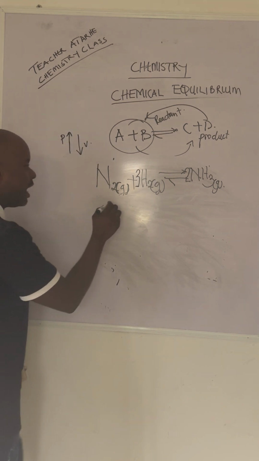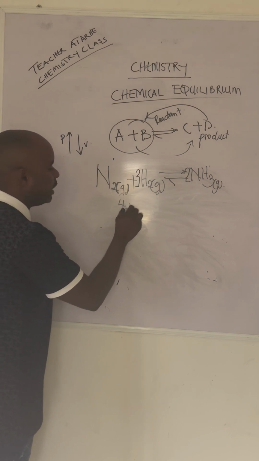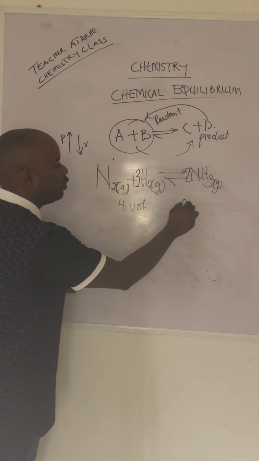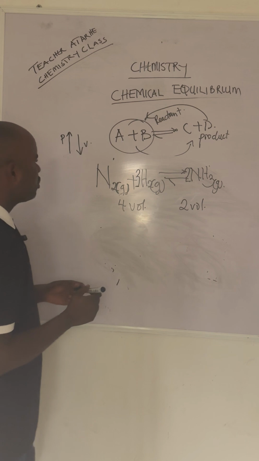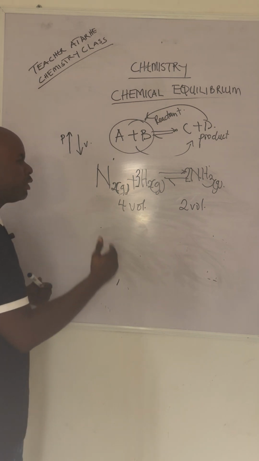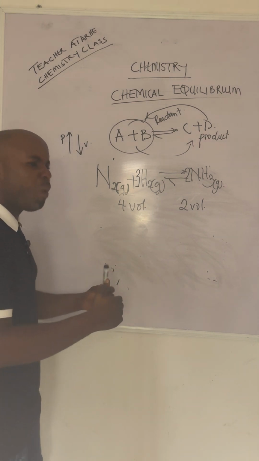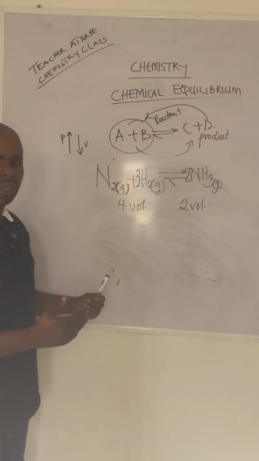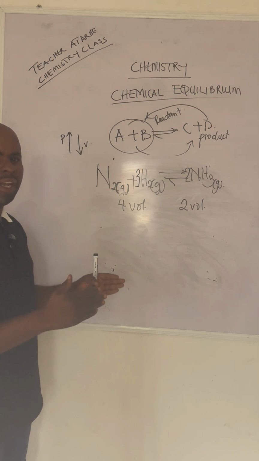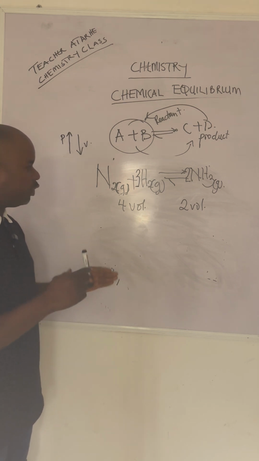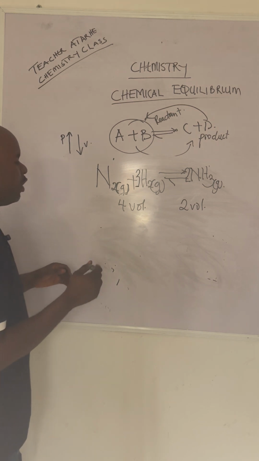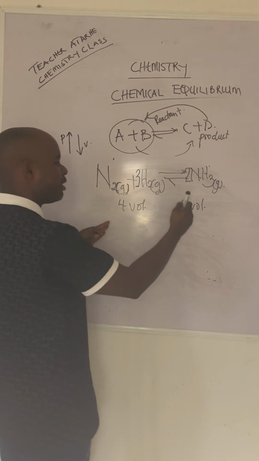So look at this side. We have 4 volumes here, and 2 volumes at the product side. So with increase in pressure, the equilibrium position is going to look for the side that has the lower volume. In this case, the lower volume is at the product side.